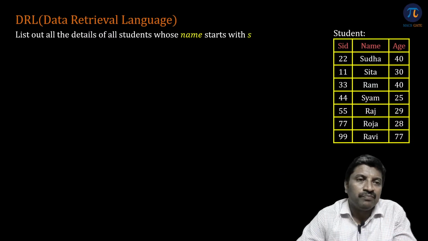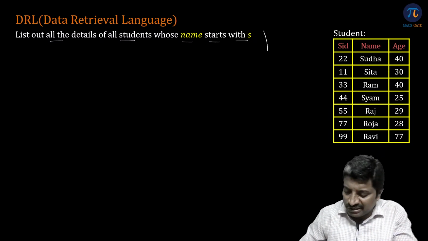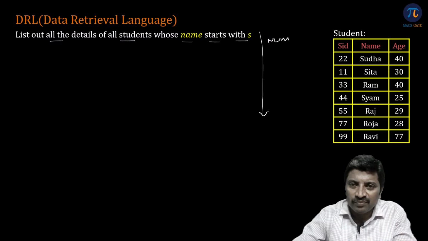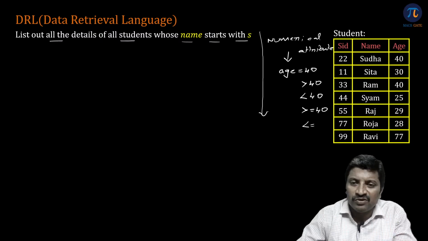The next example: list out all the details of students whose name starts with S. So till now, in all the previous examples, we mainly concentrated on numerical attributes. Whenever it is a numerical attribute, generally you can have age equal to some number, age greater than, age less than, greater than or equal to, less than or equal to.